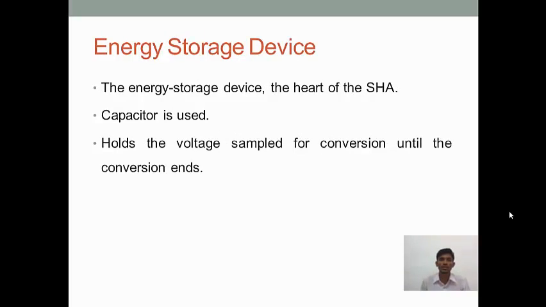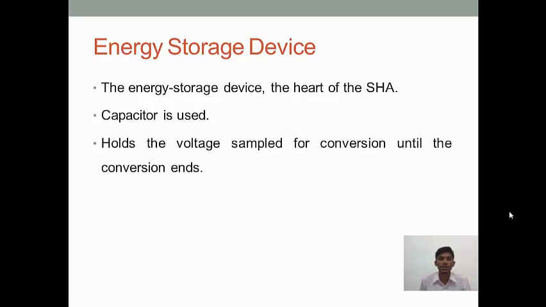Energy storage device. Normally we use a capacitor in the sample and hold circuitry as the energy storage device. It is a main integral part of the sample and hold amplifier. We can say it is the heart of the sample and hold amplifier. It holds the sampled voltage of the input source for some time period.